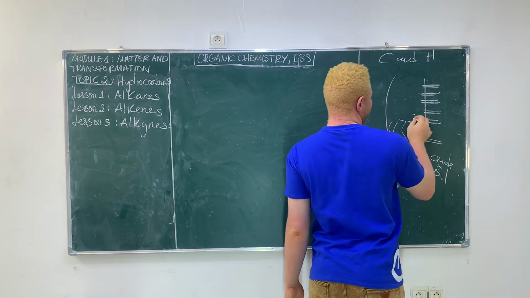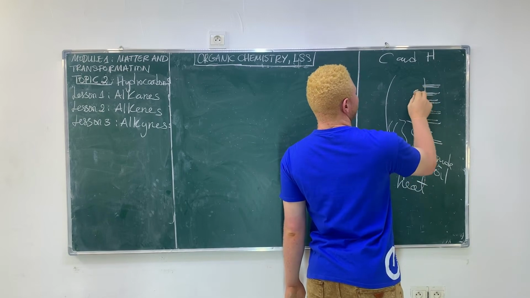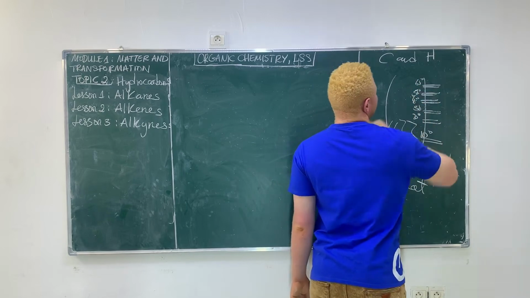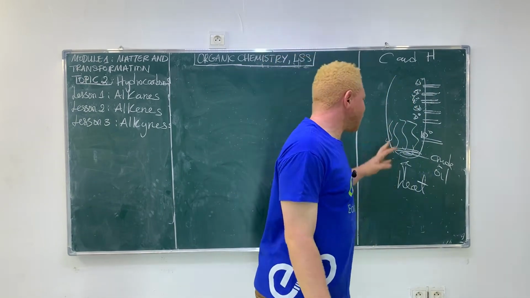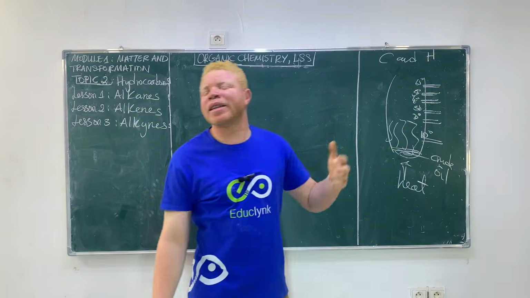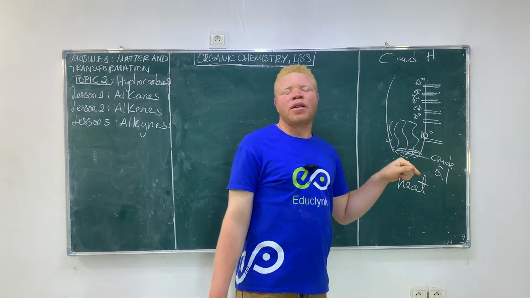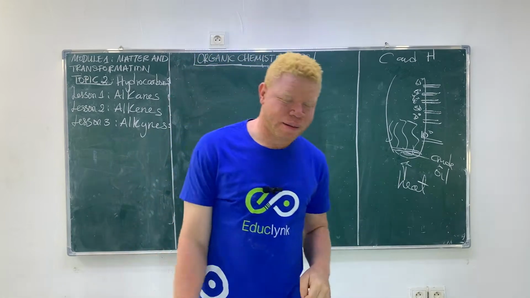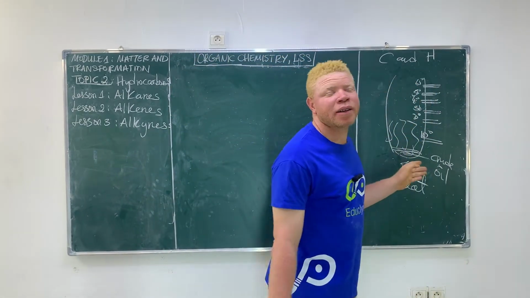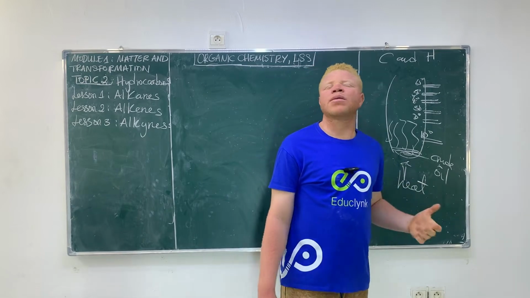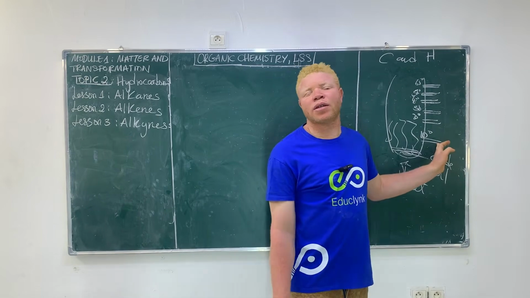Let's say it's 10 degrees, 20 degrees, 30 degrees, 40 degrees, 50 degrees, 60 degrees. As you are heating, if a component has a boiling point of 10 degrees, at 10 degrees exactly, the liquid will turn into a gas and condense in the fractionating column.